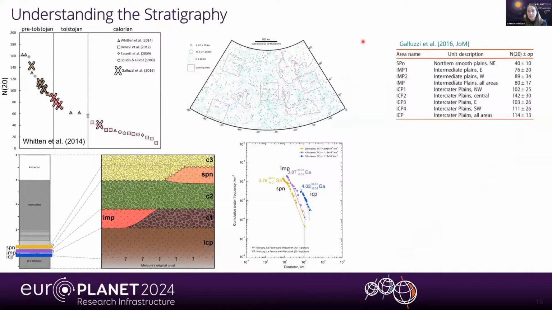And of course, the morphostratigraphic method can lead us to achieve a stratigraphic column of the history of the quadrangle.